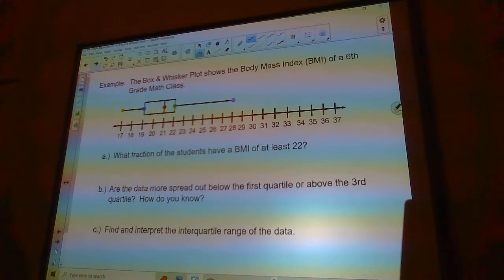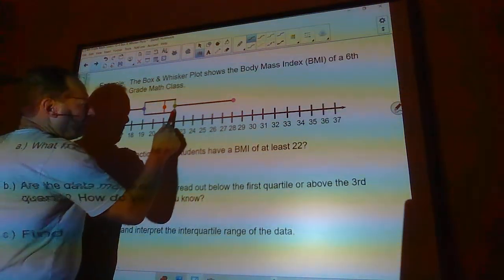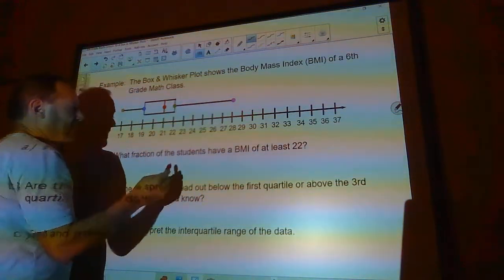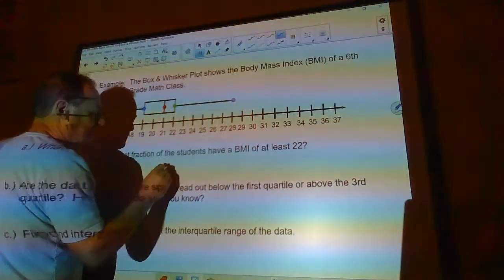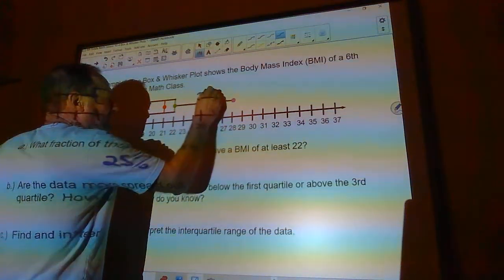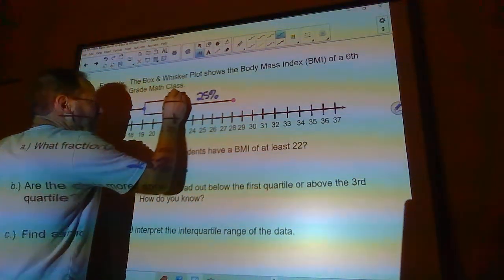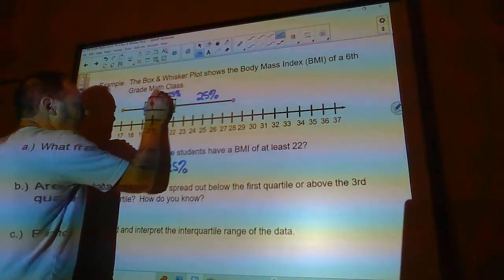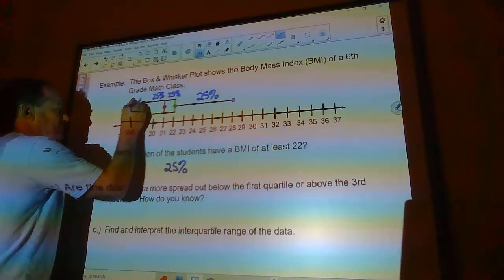So what fraction of students have a BMI of at least 22? That's going to be this group right here, and that's going to be 25%, because remember, there's 25% here, 25% here, 25% here, and 25% here.